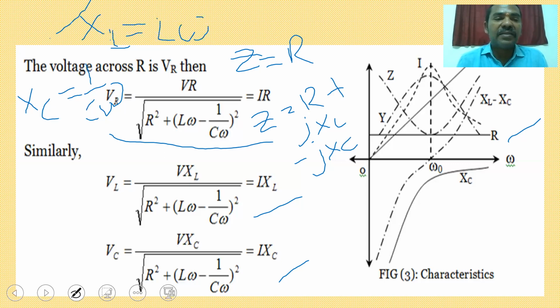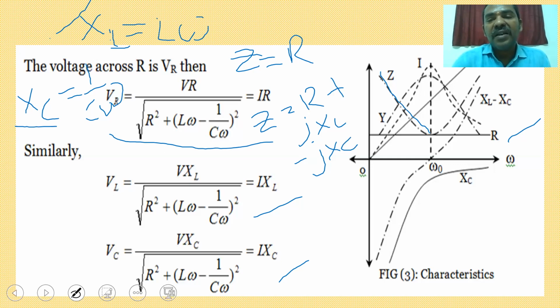Initially the capacitive reactance is high compared with the inductive reactance. So the impedance will be highest at the initial point and gradually decreases.